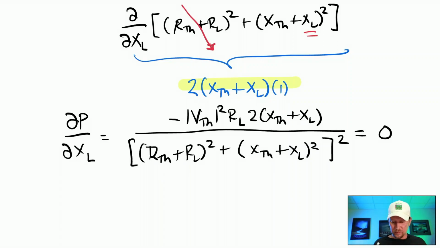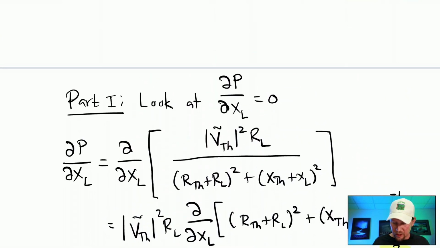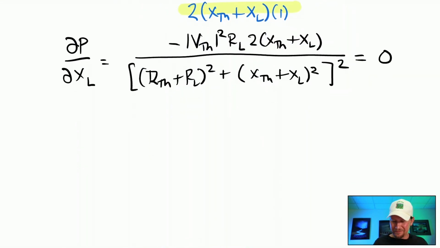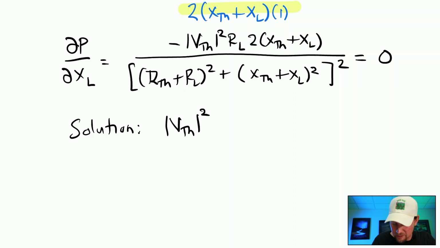Now, there's 3 ways in which this can be equal to 0, right? So here, the solution to this is, well, the magnitude of the Thevenin voltage squared could be 0, but we have no control over that, right?